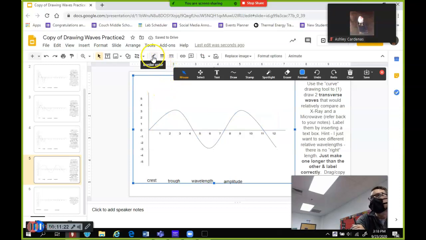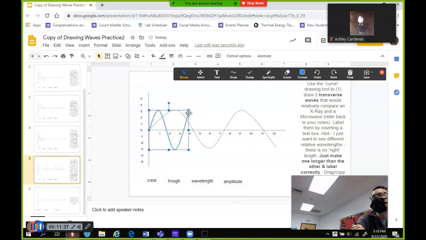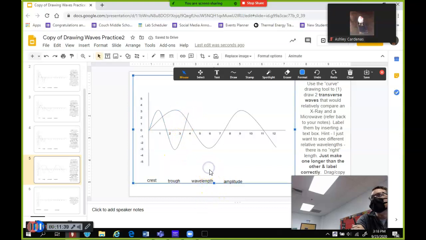And if I wanted to compare that to an X-ray, the X-ray should be a lot shorter. So I could just maybe make its wavelength be like 3 or something. And I don't think this is going to be perfect, but you'd kind of get the idea there. So if we compared these waves, we've got one wave that's going to be really long.